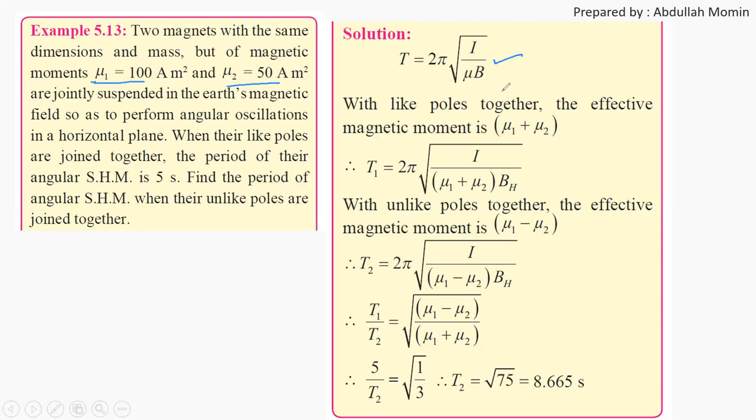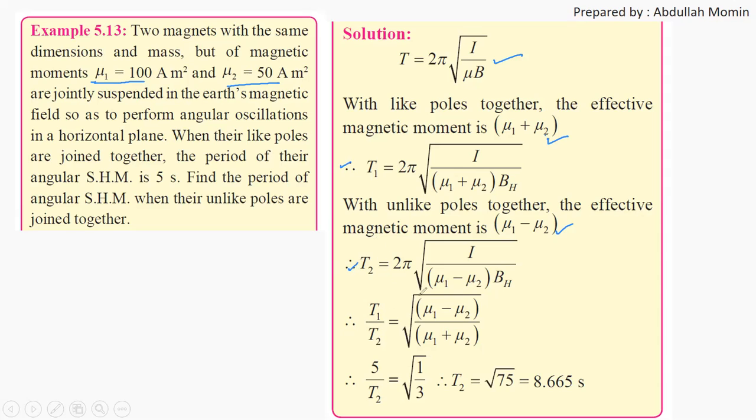So we know that the time period of a bar magnet oscillating in a magnetic field is T equals 2 pi root I by mu B. With like poles together, the effective magnetic moment is mu1 plus mu2. With unlike poles together, the effective magnetic moment is mu1 minus mu2. So these are T1 and T2.